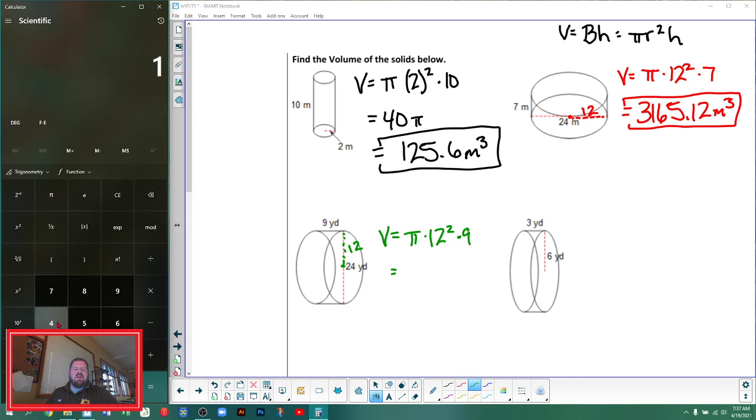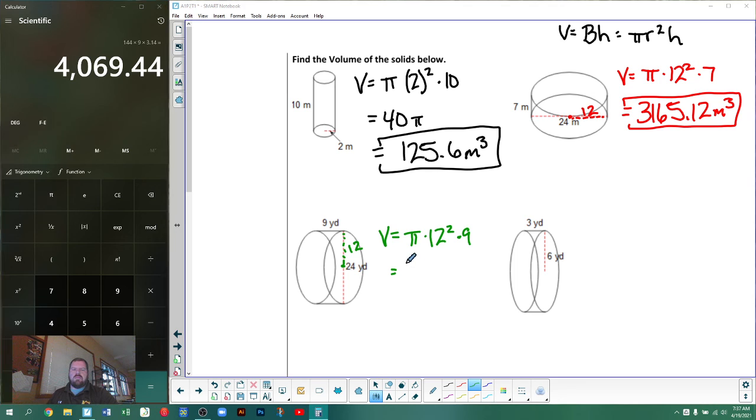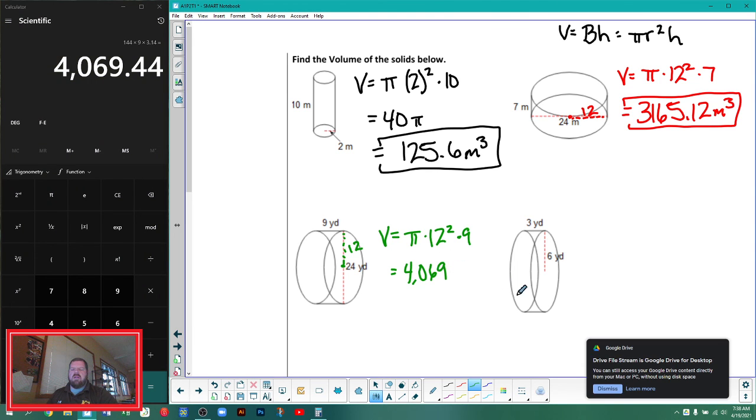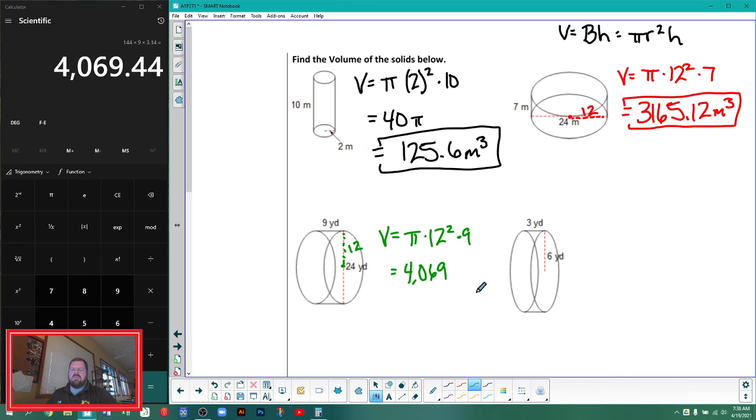And we'll just do all that on a calculator. 12 times 12 is 144, times 9 times 3.14. 4,069.44. And those are cubic yards.